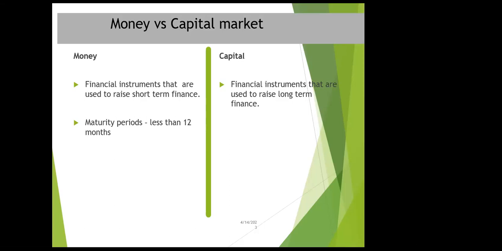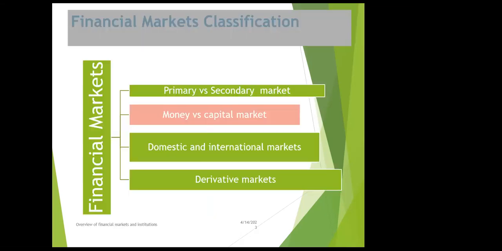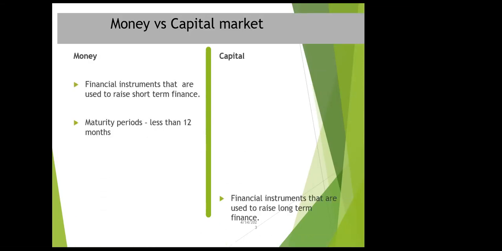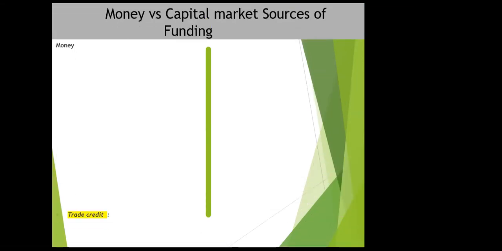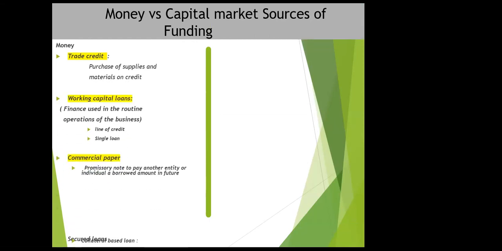But for the aspect of sourcing for funding, we will limit ourselves to these vehicles that you utilize to source funding from the market. So with that stated, we can now move to the capital market.